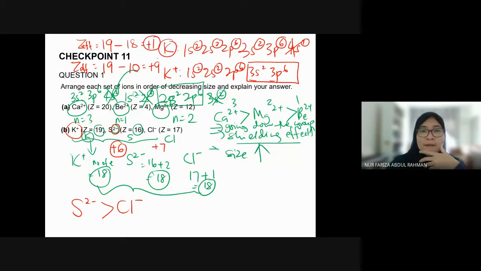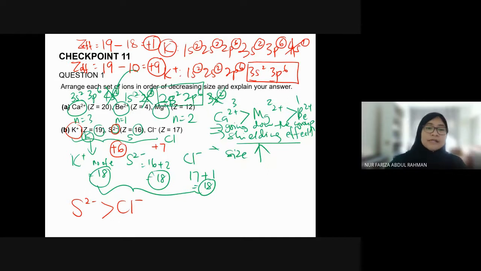From positive 1 becoming positive 9. Dah lah buang elektron, the electron has been removed, and not only that, the Z effective is now very, very large ataupun is greater than the parent atom ataupun the potassium atom itself. Bila dia jadi ion, dia become positive 9. Bila dia atom, dia hanya positive 1.